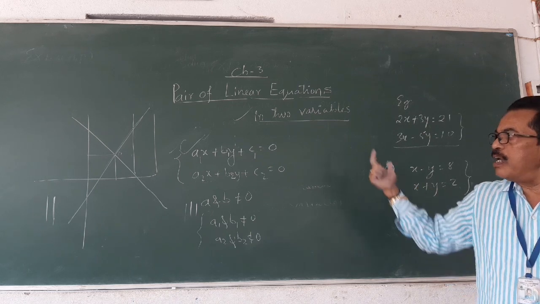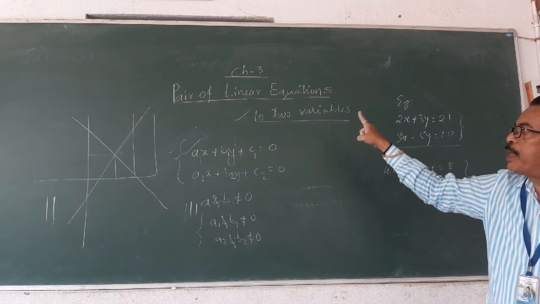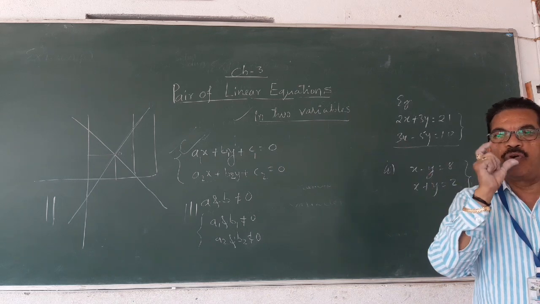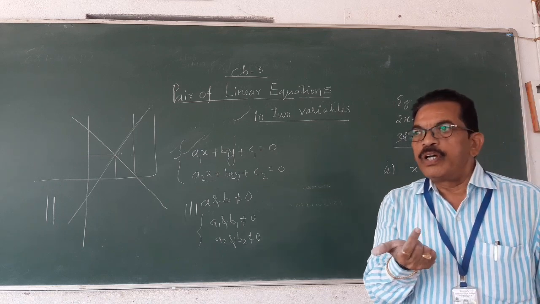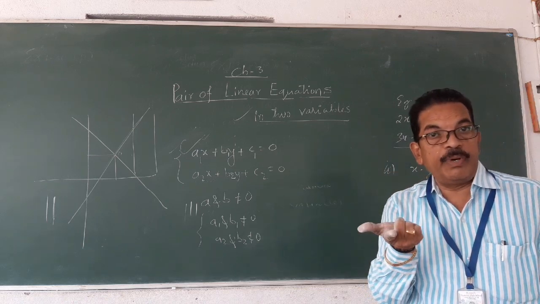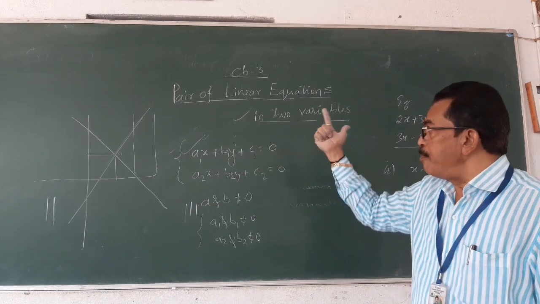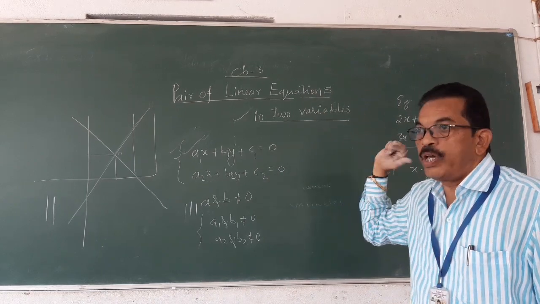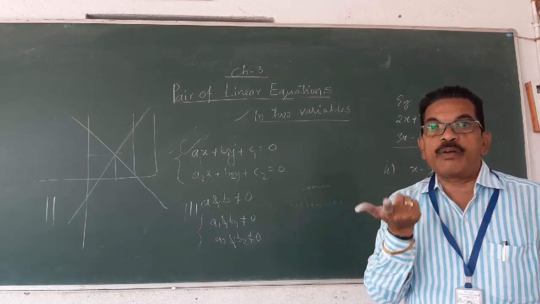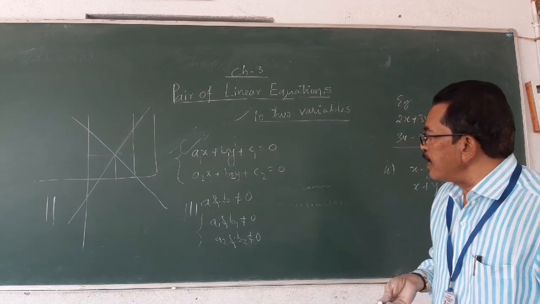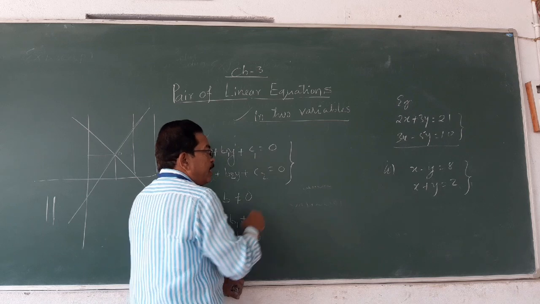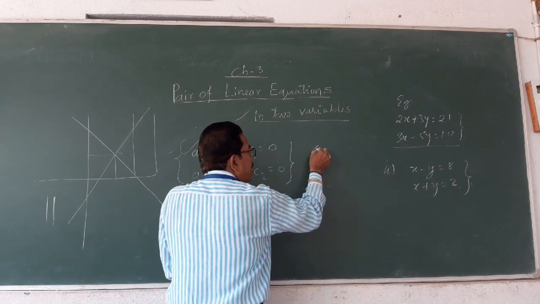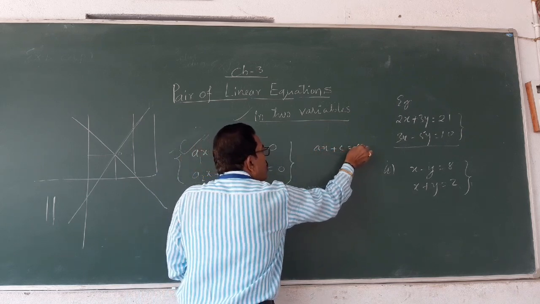Okay, see the theoretical part of the pair of linear equations. You should know examples of a simple linear equation, examples of linear equations in two variables, then examples of pairs of linear equations in two variables, then the general format of that one. The simple linear equation is ax plus c equals 0.